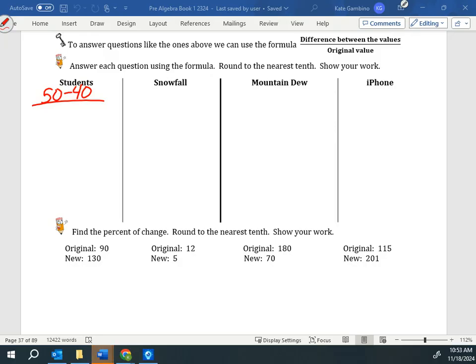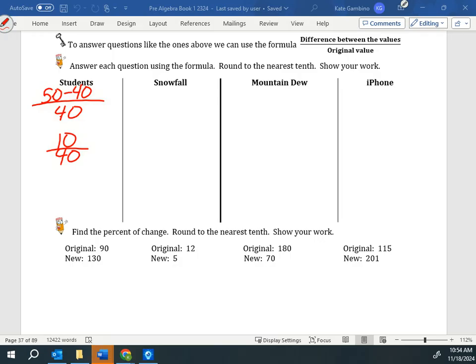What was my original first value given, Hadley? 40. So I have 50 minus 40 is what? Claire? 10. And I divide that by my 40. What is 10 divided by 40? Robbie? 0.25. But I want to give my answer as a percentage.